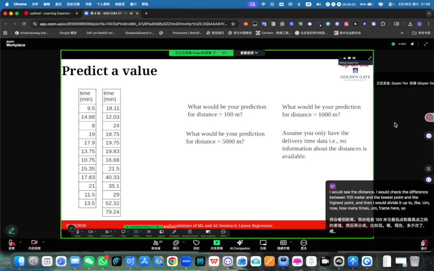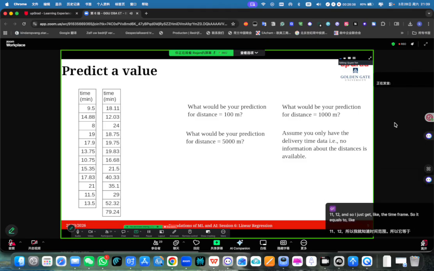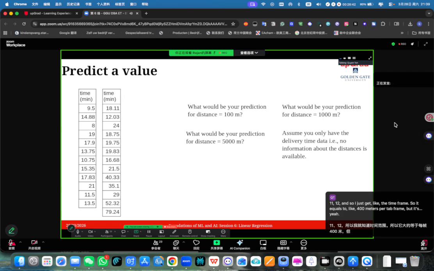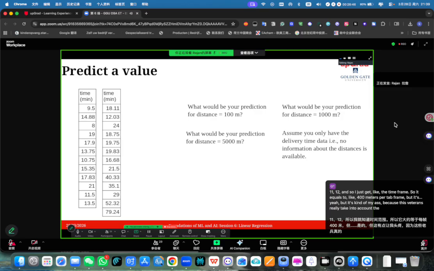So I would take 5,000 meters minus 100, and then divide by 12. And so I just get the time frame. So it equals 400 meters per time frame, but it's kind of biased because it doesn't really take into account the number inside.